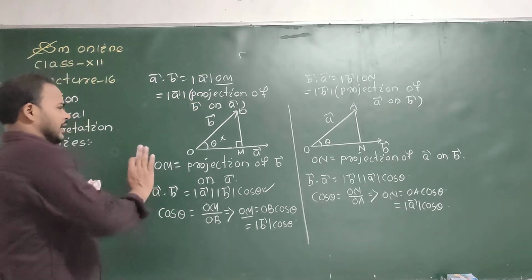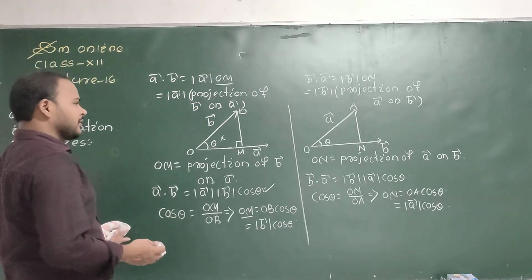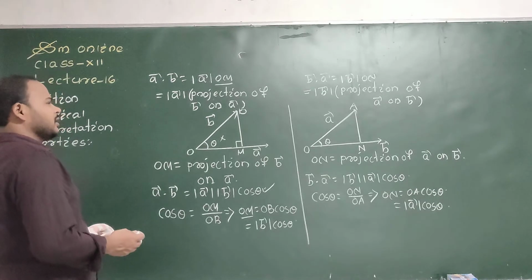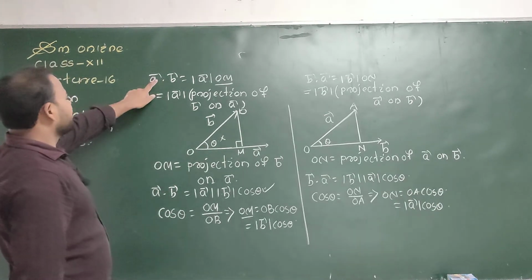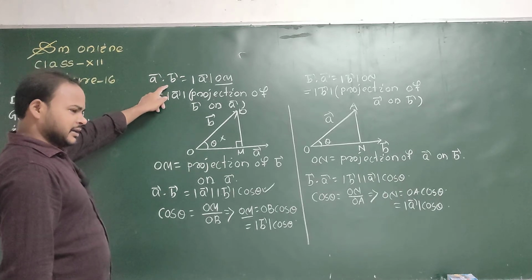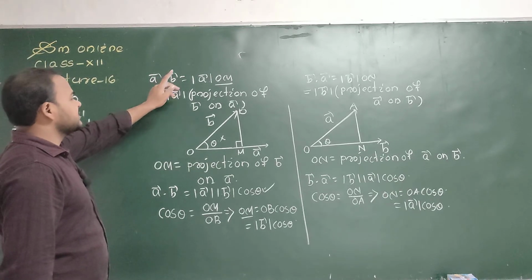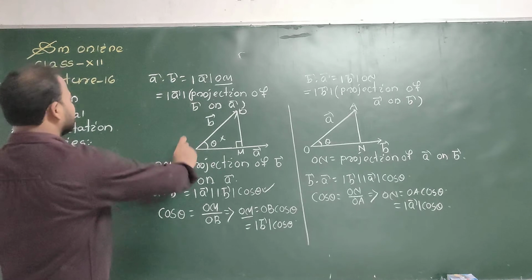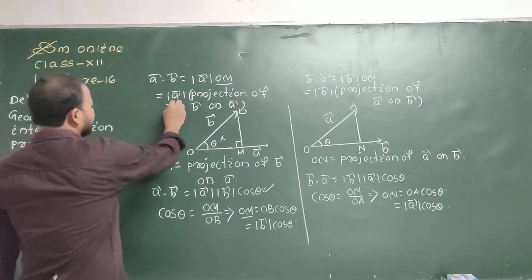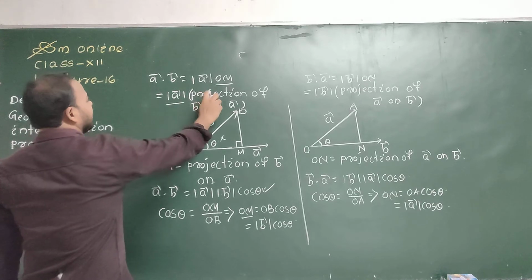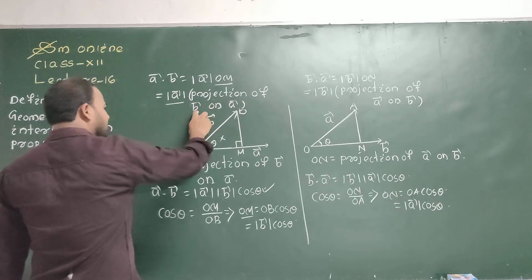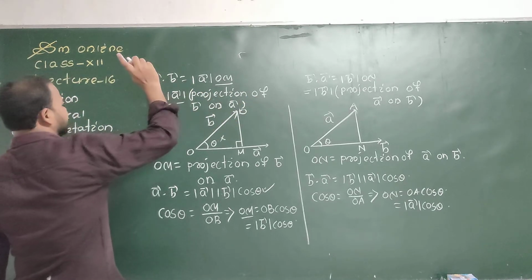So the conclusion is that the dot product of two vectors is also defined as the product of the magnitude of one vector and the projection of the other vector on it.